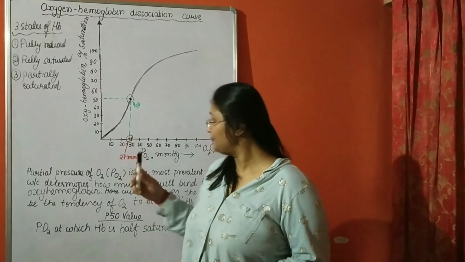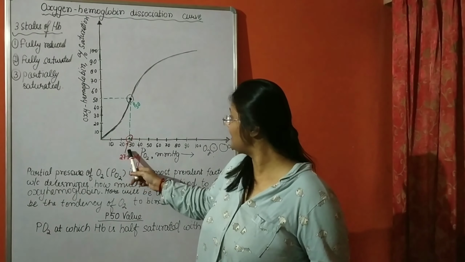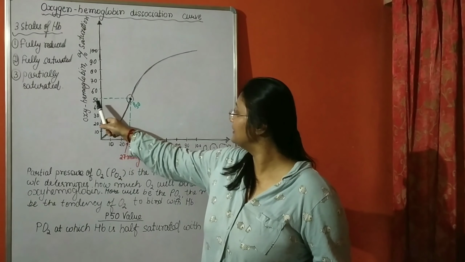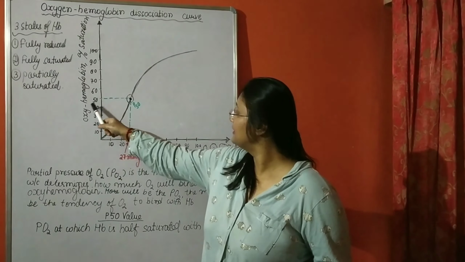In our body it happens at 27 mmHg. Here I have indicated that oxyhemoglobin is 50% saturated. It is known as P50. It is 50% saturated with oxygen when the partial pressure of oxygen is 27 mmHg. Right? So I hope it is clear what the P50 value is.